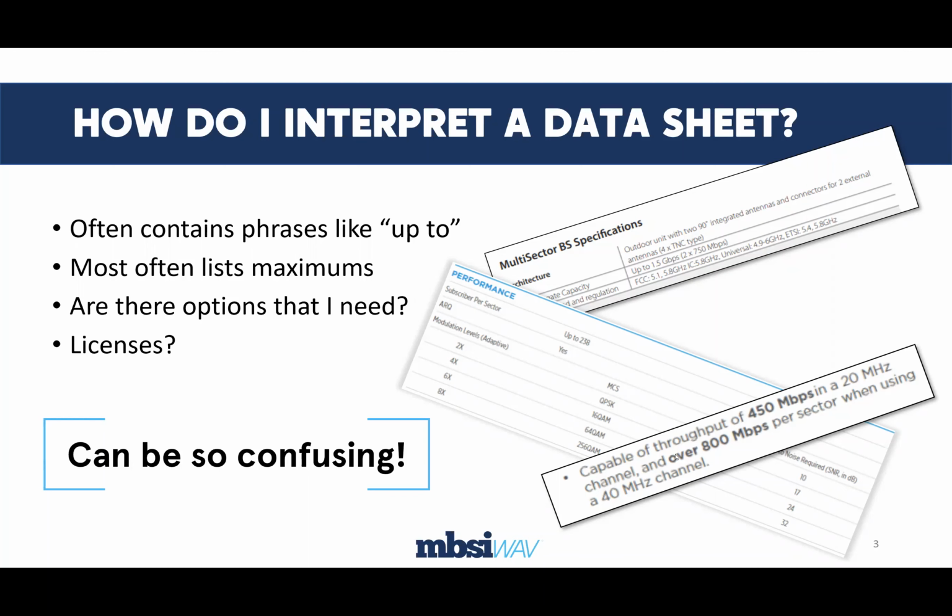It's up to you to interpret that to mean, well, 75 miles at 1 megabit or 75 miles at 75 megabits, or what the real conditions are. And then sometimes it'll say it's good for 600 megabits, but they don't tell you in the spec sheet that you need a license to go from 100 megabits up to 600 megabits or something like that. So they can be really confusing.